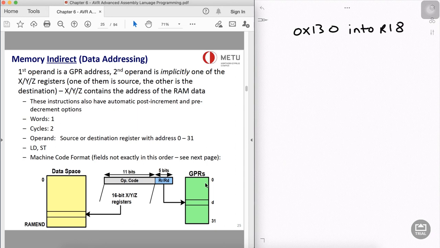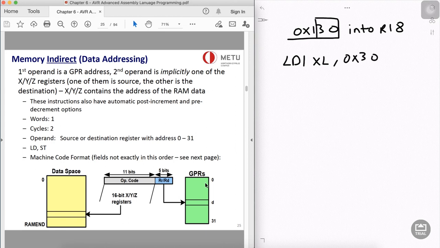We can start with LDI XL, so we define the low byte of the register X. It's going to be hex 30.